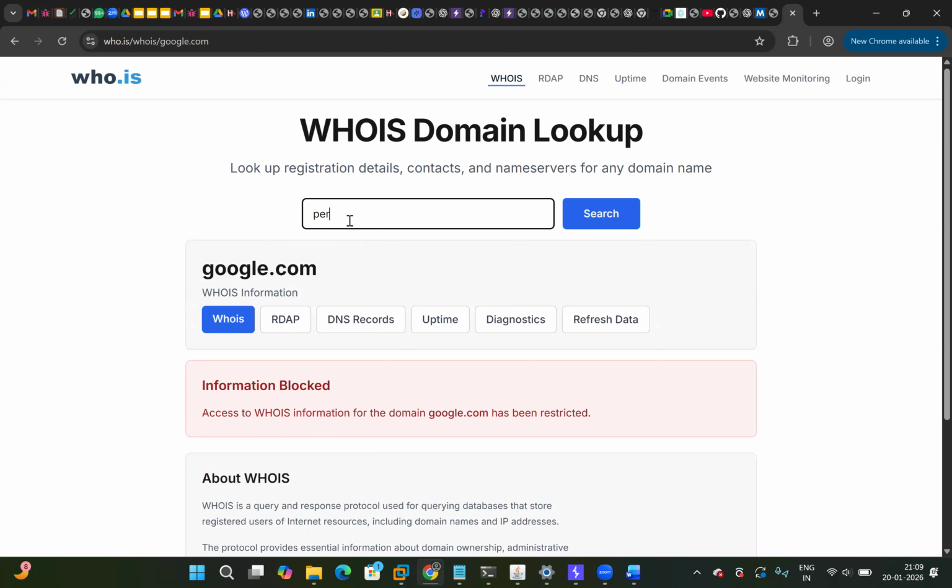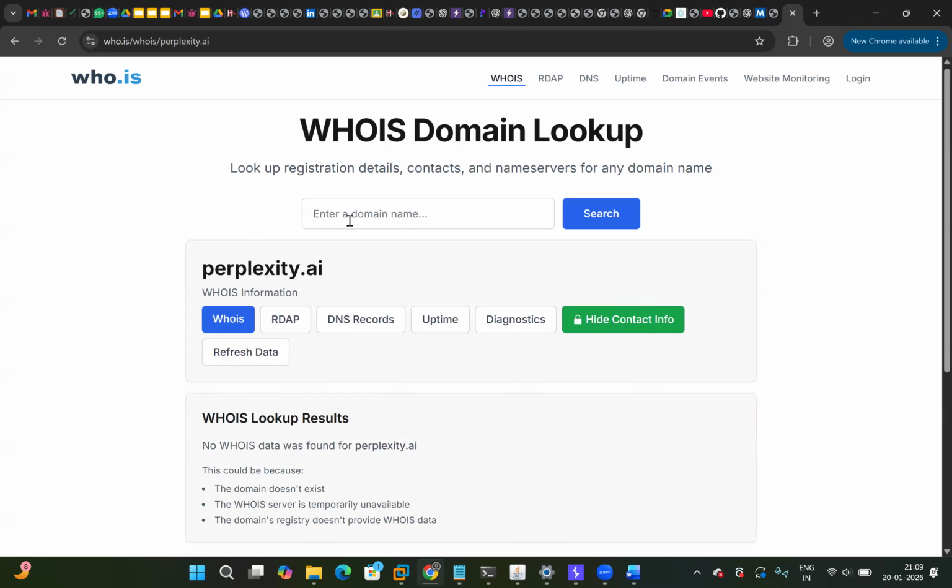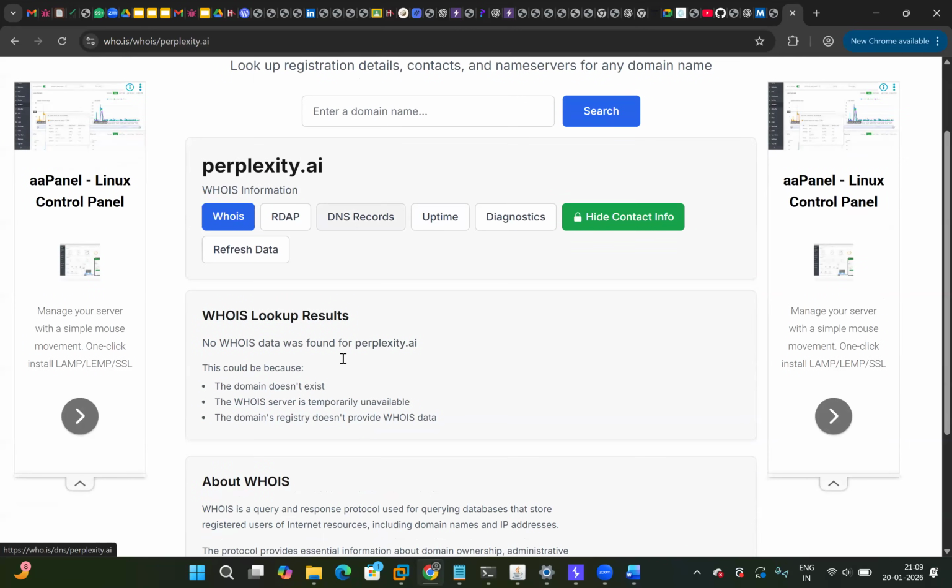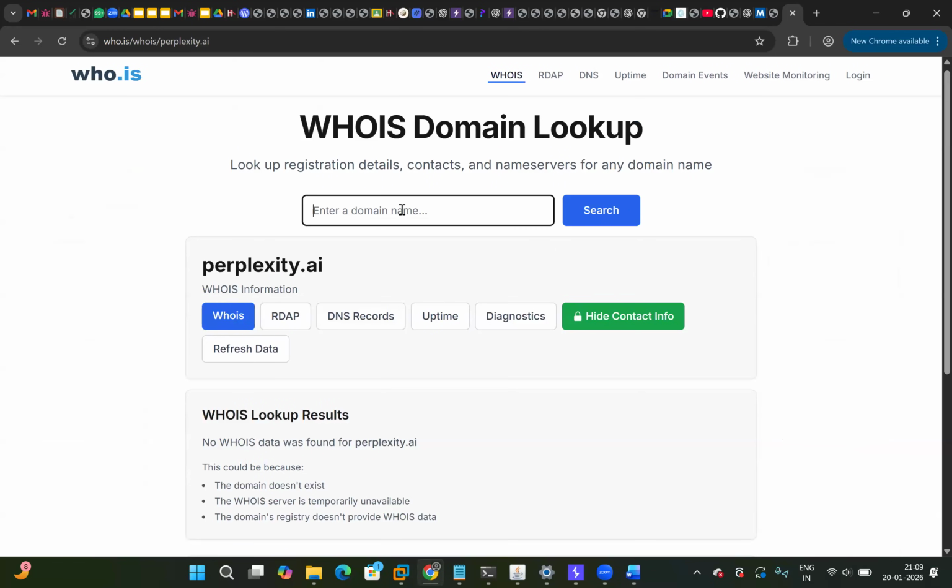Then let's try some other domain, perplexity.ai. No data, this domain does not exist. Okay, let's try some other domain, facebook.com.